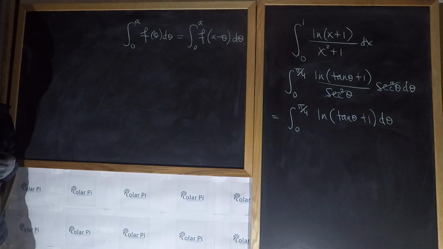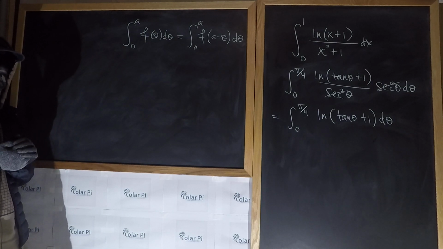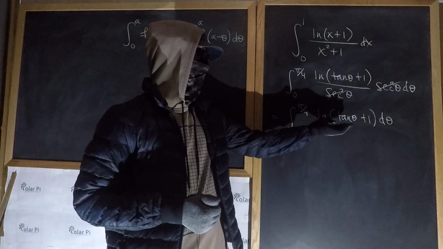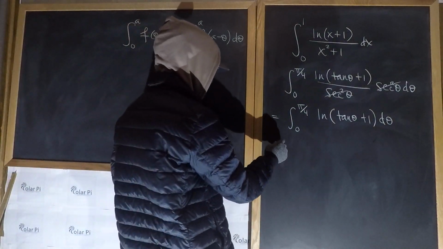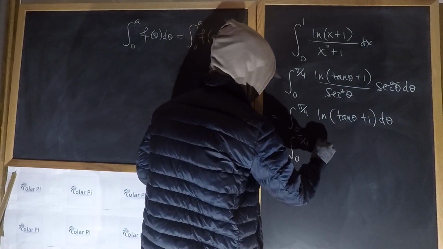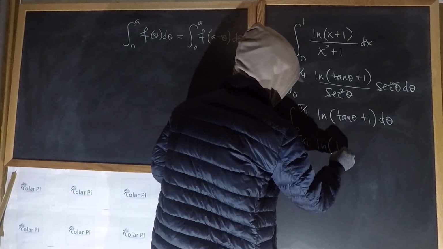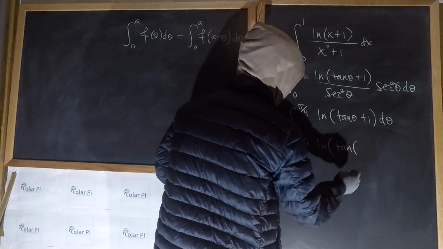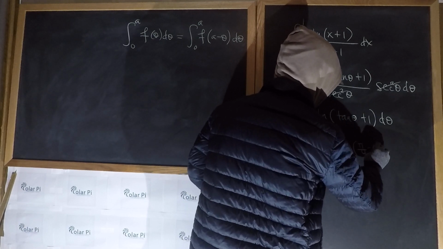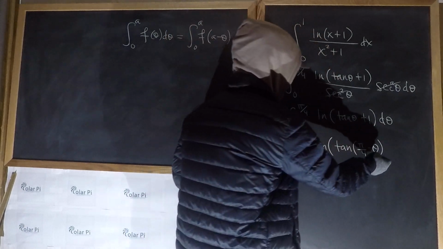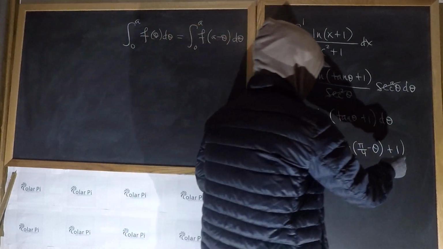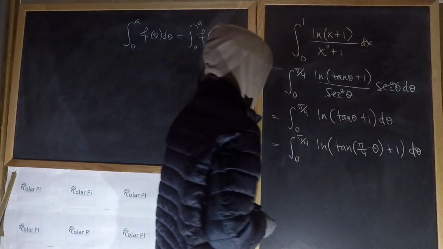So then, if we apply it in the situation where a is pi over 4 and f is the natural log of tan theta plus 1, then what we could do is write that this is 0 to pi over 4, and then the natural log of tan of, instead of theta, pi over 4 minus theta, that's the a minus theta, plus 1 inside the argument of ln, right? And then d theta. Okay, cool.